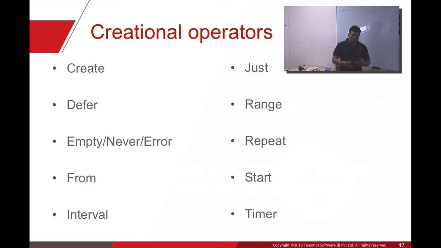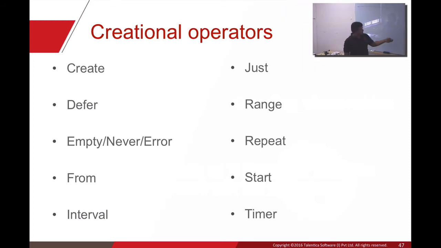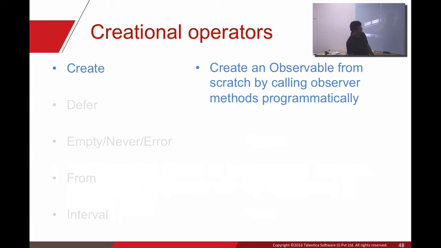If you want to test it, you don't want network dependency, right? So you can use these methods because essentially it's an Observable of integer or Observable of some type. So we can use operators like this to create observables from scratch, where we will be deciding when to call onNext, when to call onError, or onComplete.